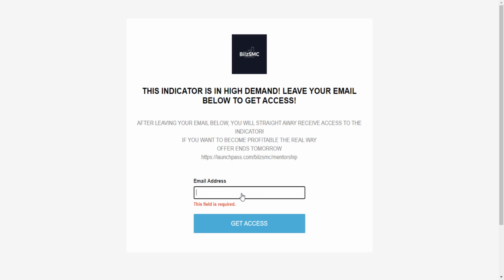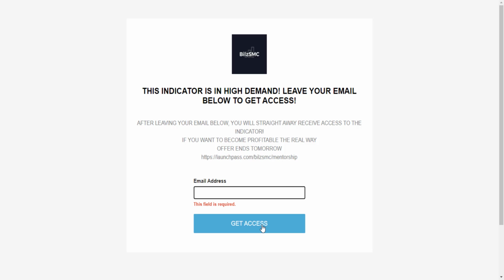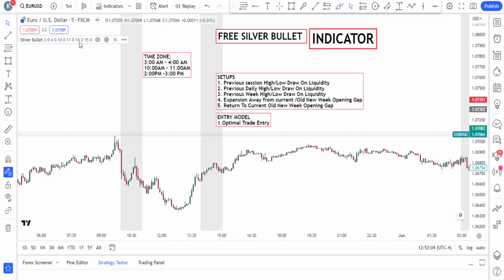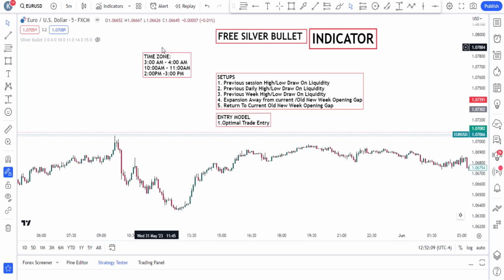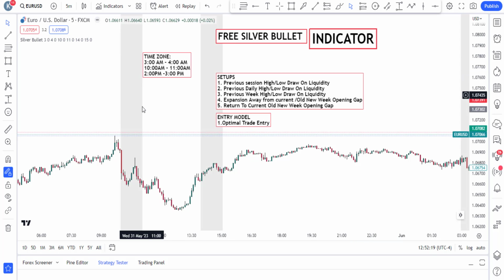You can simply put your tradingview.com email address right here and click on get access, and you will automatically get access to this indicator on your TradingView. Once you get it, you can make it your favorite. You can take it off, you can take it on. Once you put your email address, you come to search and search silver bullet indicator. This is the indicator. Already almost 1,000 people have gotten access to it, so go ahead and do that.